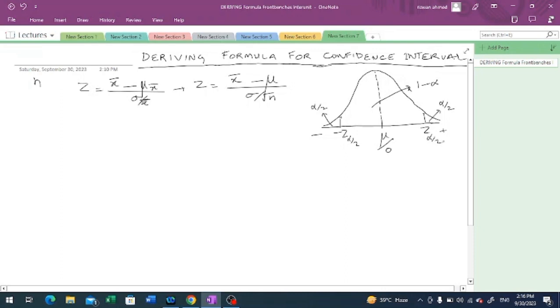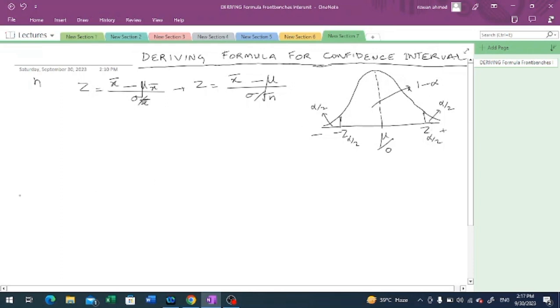Here, the subscripts of alpha by 2 indicate the areas below the lower bound of z, what we have indicated here, and above the upper bound of z, what we have indicated here. Probability is representing the area, and over here we can see that the area bounded between minus z alpha by 2 and plus z alpha by 2 is 1 minus alpha.